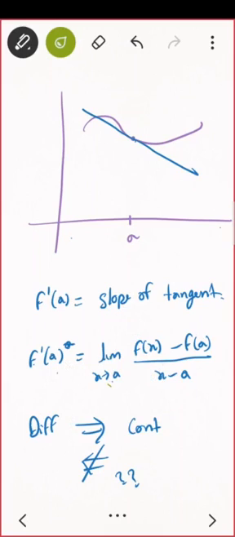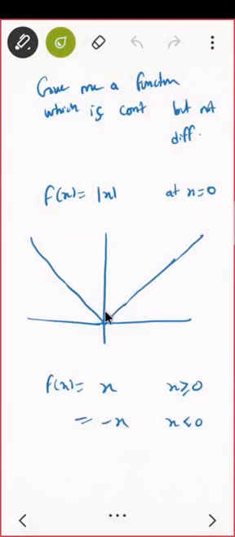There should not be two different values of the limit. Here, do you see? When your x-axis is already a tangent, can I give one more tangent? Can I give you this as a tangent? Because this is also touching at that point.